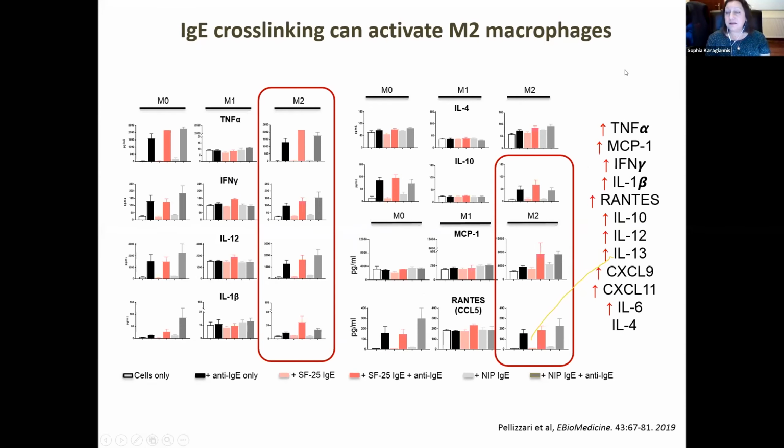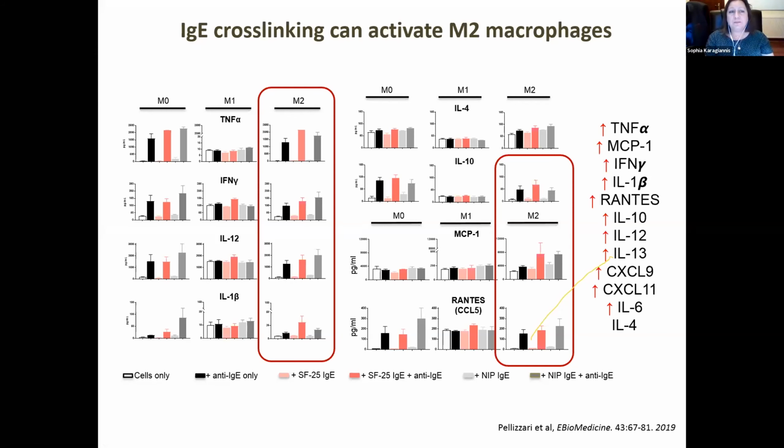These are mediators of a unique phenotype, which doesn't fit within the M1 and M2 categories, but fits into what we consider a newly polarized macrophage phenotype. And we consider that the tumor microenvironment has repolarized in the context of IgE, especially the alternatively activated phenotypes.